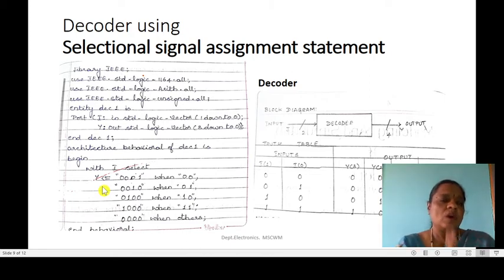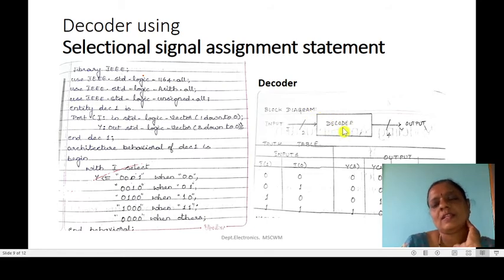I think you have understood what the selected signal assignment statement is. That means depending on the expression, it is going to execute a single statement. It is not going to check all the conditions. So let us see this simple example for the decoder.